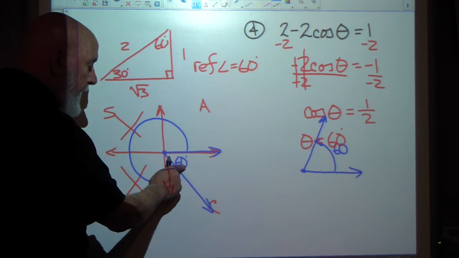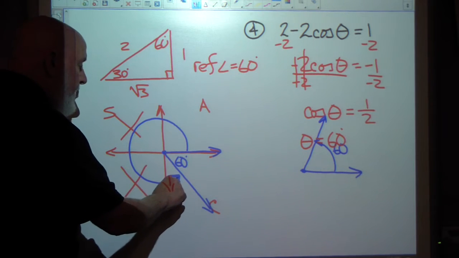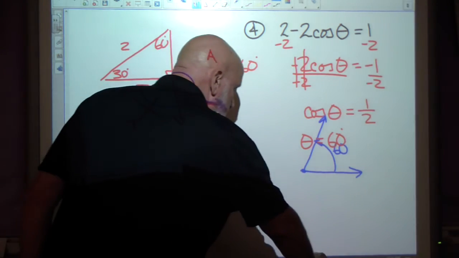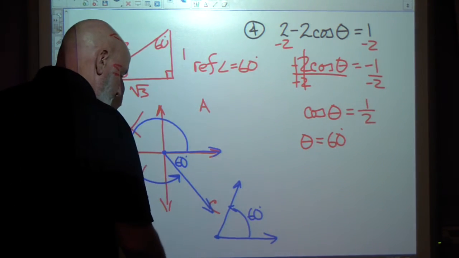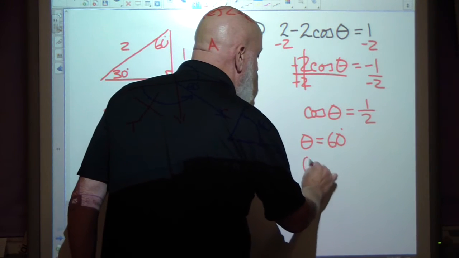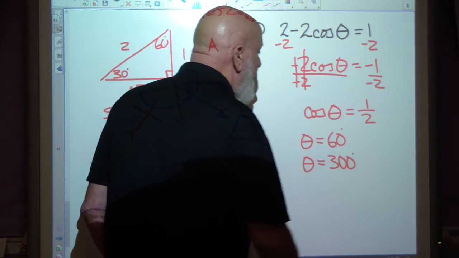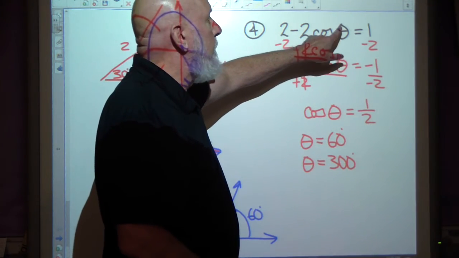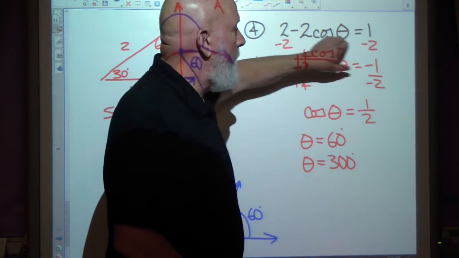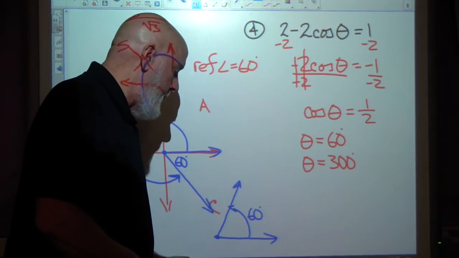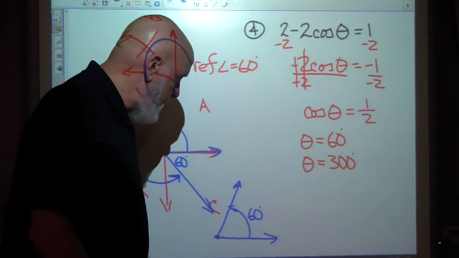That's our reference angle right there. So this rotation would therefore be 300 degrees. So theta could be 60 degrees or 300 degrees. In either event, if we plug in 60 degrees or 300 degrees right here, this equation should be true. And let's see if that's what the answer key gave us.